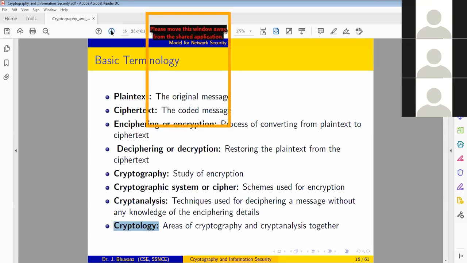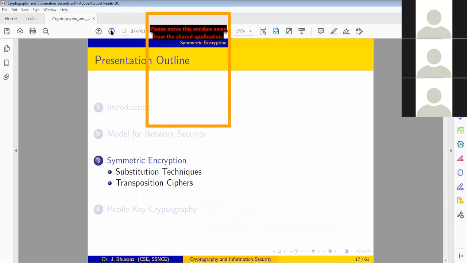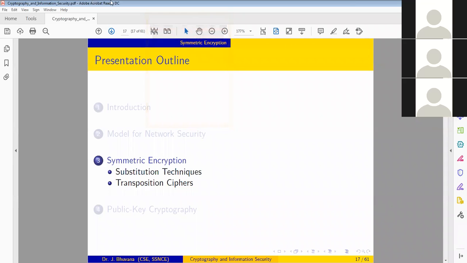Okay, so having seen this, let us get into the actual classification of encryption. Now we have learned what encryption is. It is a procedure that accepts a plain text message and applies some security transformation over it with the help of the key, and generates the ciphertext. That is called encryption.